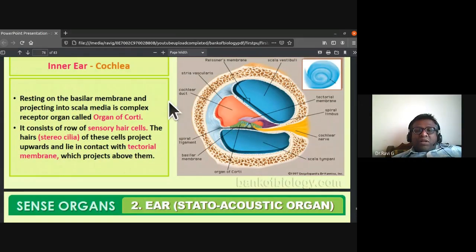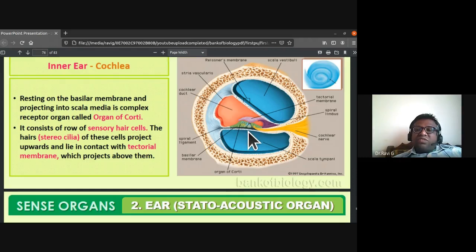Resting on the basilar membrane and projecting into the scala media is a complex receptor organ called the organ of Corti.